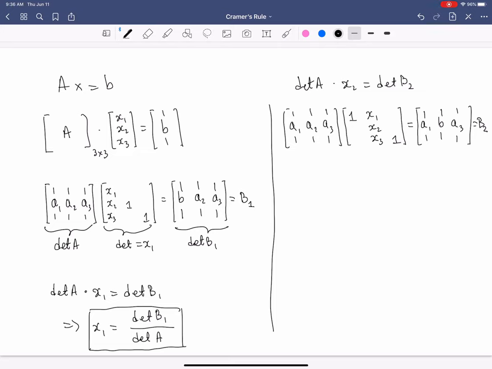Just a quick reminder as to why we get this to be the determinant. So what is the determinant of this matrix? Obviously, you could just try and solve it and see that it is x2. Multiple ways to see it. One way could be we could use expansion along the first column. So we did that yesterday.